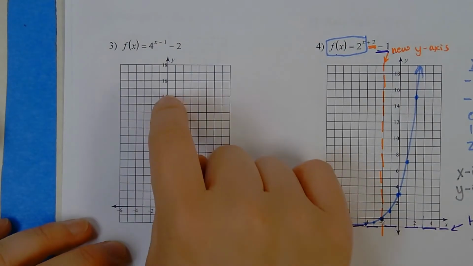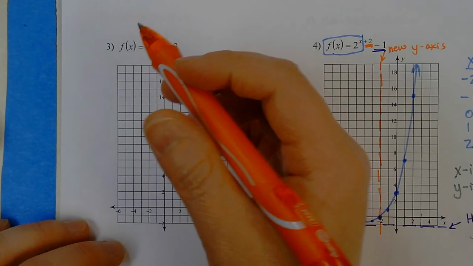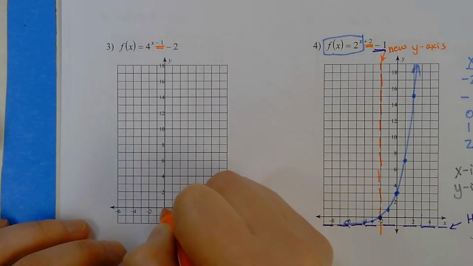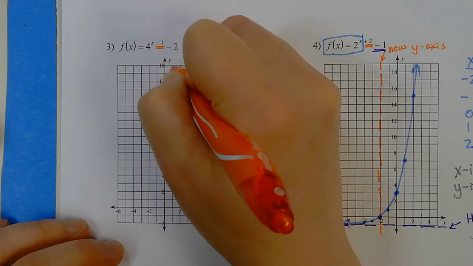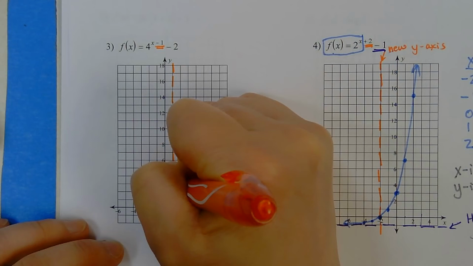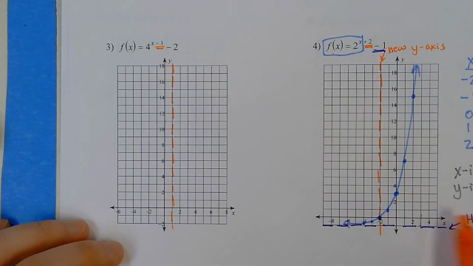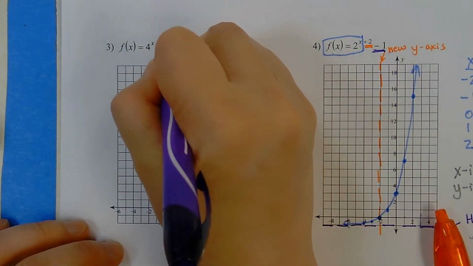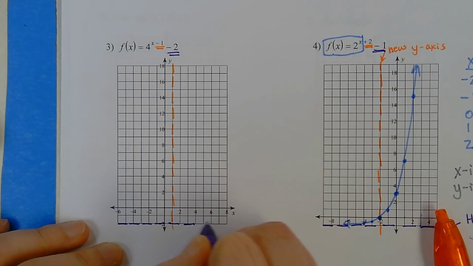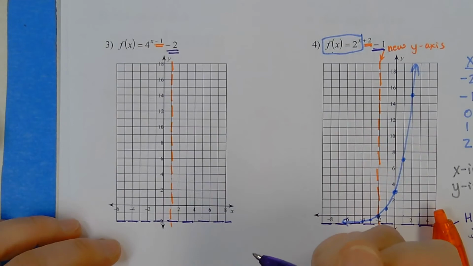So we're going to go to number 3 right over here. And here it says we're going to go -1, so that means we're going to go to the right one, right? It's opposite of what we see. So we're shifting everything to the right. And then we're shifting things down 2.